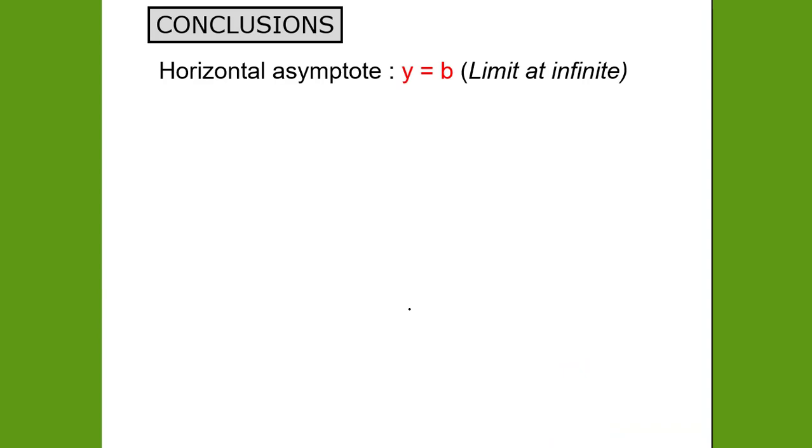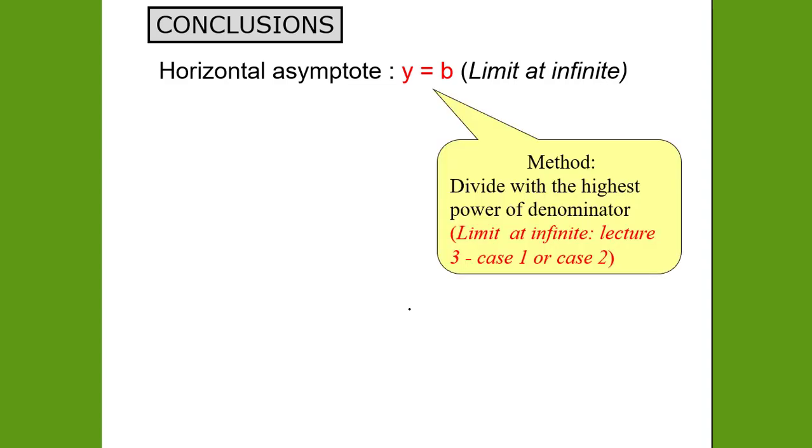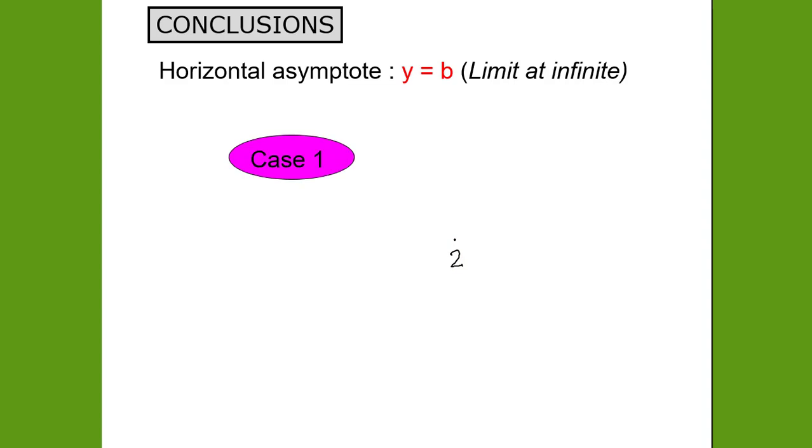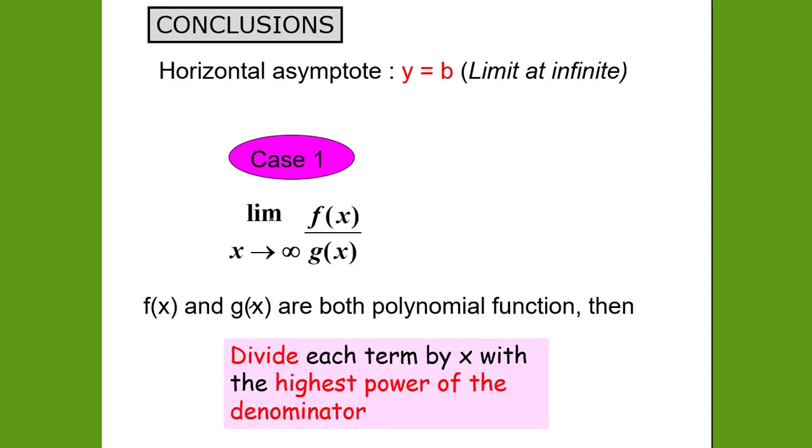Then for horizontal asymptote, y equals b, the limit at infinity. The method is to divide by the highest power of the denominator, still in lecture 2. Case 1: the limit of f(x) over g(x) as x approaches infinity, polynomial over polynomial.